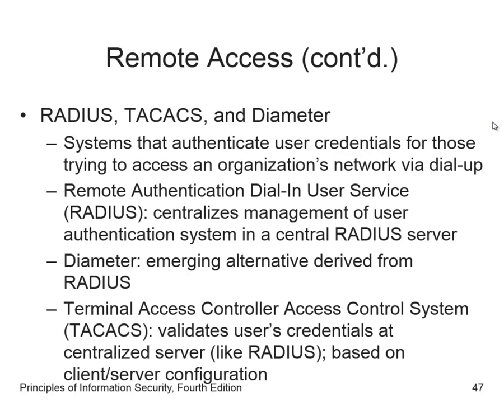The Remote Authentication Dial-In User Service system places the responsibility for authenticating each user in the central RADIUS server. When a remote access server receives a request for a network connection from a dial-up client, it passes the request along with the user's credentials to the RADIUS server, which then validates the credentials and passes the resulting decision, accept or deny, back to the accepting RAS.